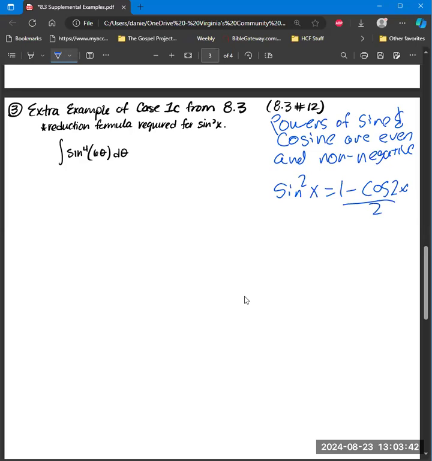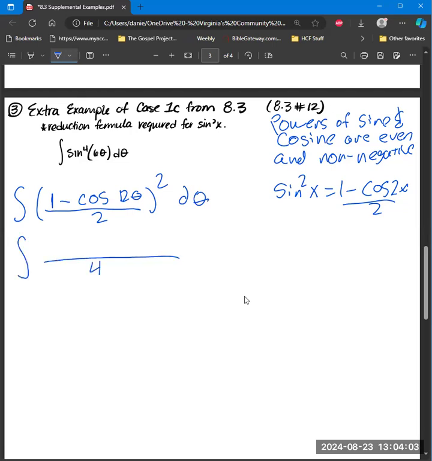So I have sine squared, squared. So 1 minus cosine of 2 times 6 theta is 12 theta, over 2. That's d theta. So this is going to be over 4.